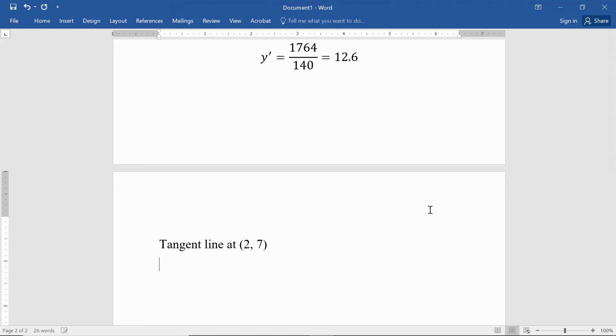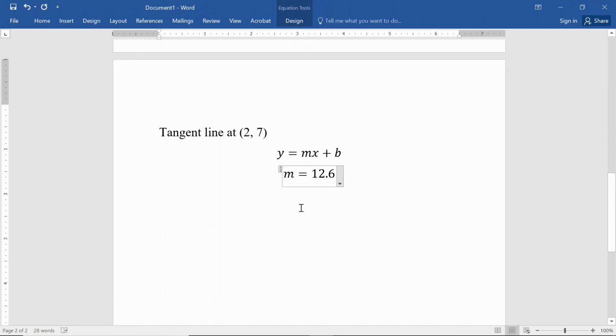The line is going to be y equals mx plus b. Now that I know at that point we have an instantaneous rate of change of 12.6, I know my slope is going to be 12.6 at that point. We write that in for my m.